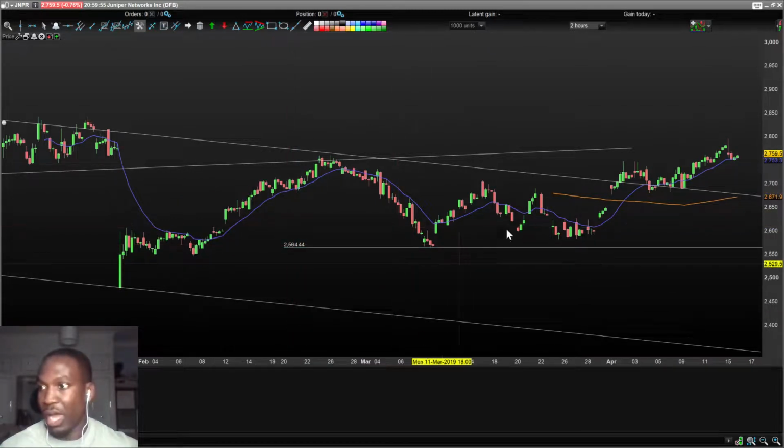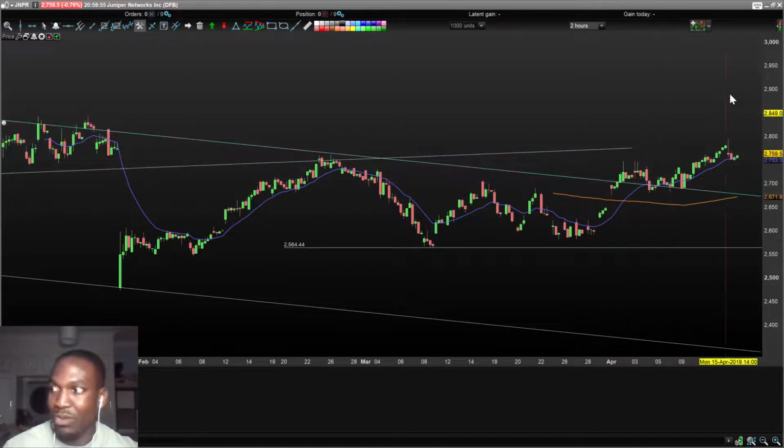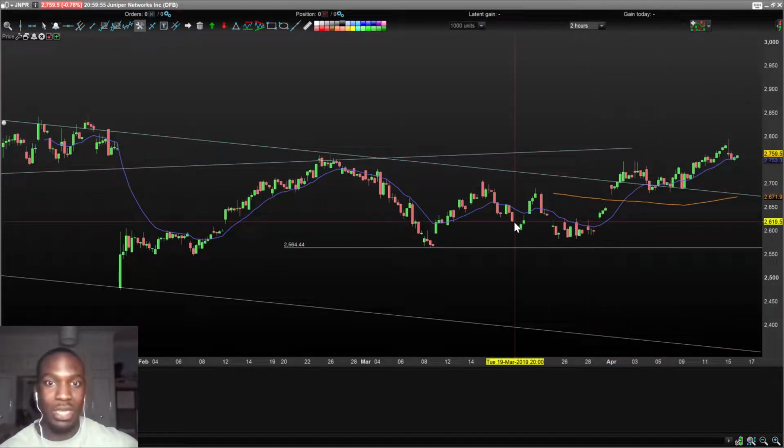So I identified this double bottom. I gave it a little bit of room; it didn't hit it completely, but I still consider it a double bottom. I waited for it to come up, come back down, and then break up. What you realize here is that when you start being able to identify patterns, several patterns can be displayed within the same chart, and once you know what each pattern means, you can use them to your benefit to dictate where you think price action is going.